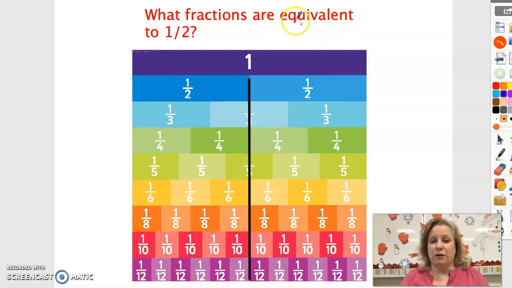So therefore, 1/2 and 2/4 are equal. Then I can keep going down. It goes right through the middle of fifths, so that would not be equal. But if I look at my sixths, it ends up on the line of 3/6. So 1/2 is also equal to 3/6.